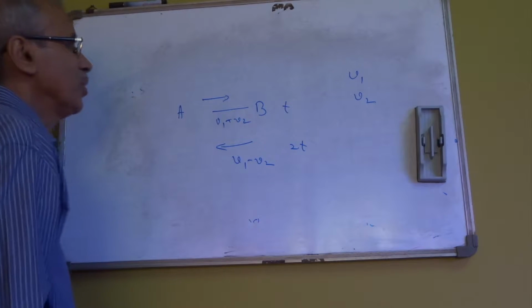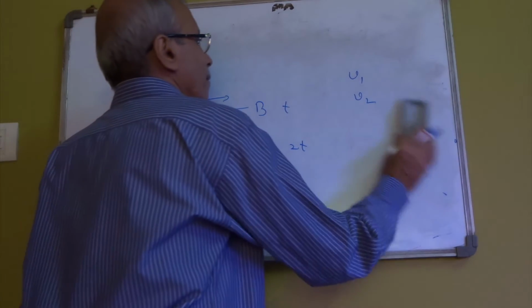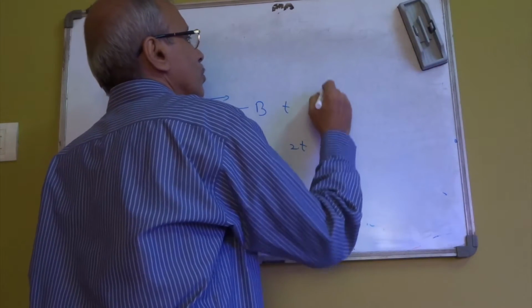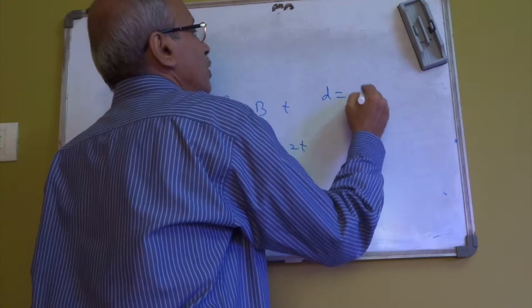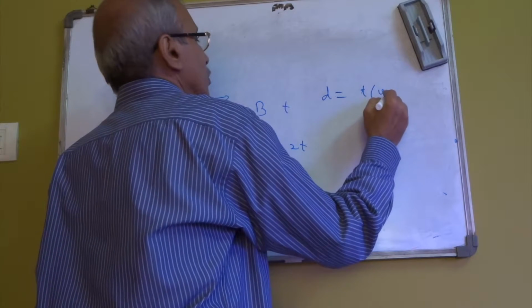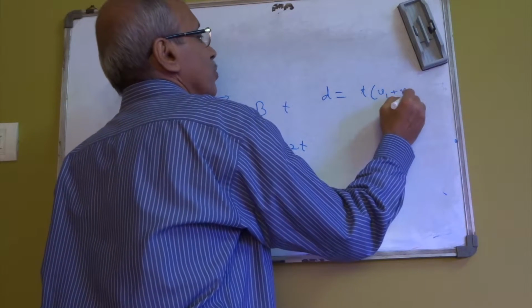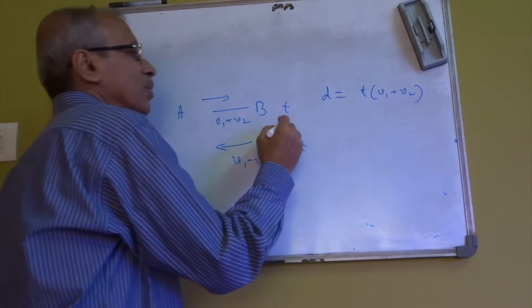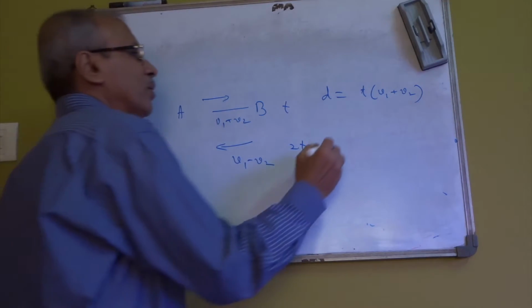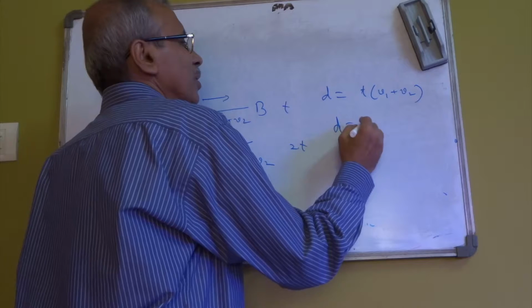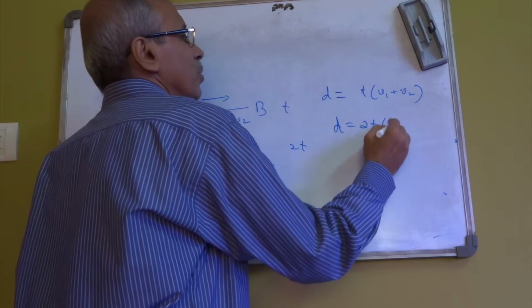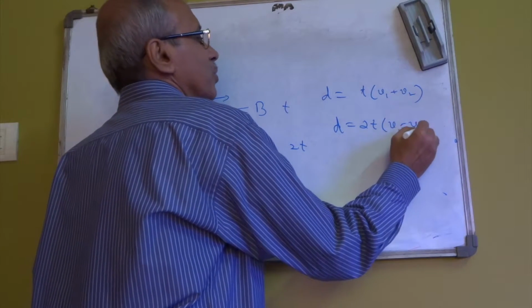Now the distance covered is t into v1 plus v2 while going, because he has covered it in t minutes. While coming back the same distance, he has taken 2t minutes, but the speed is v1 minus v2.